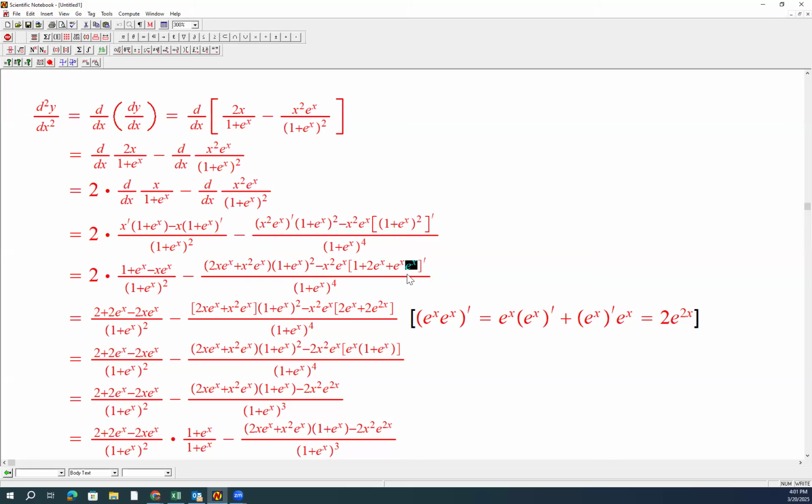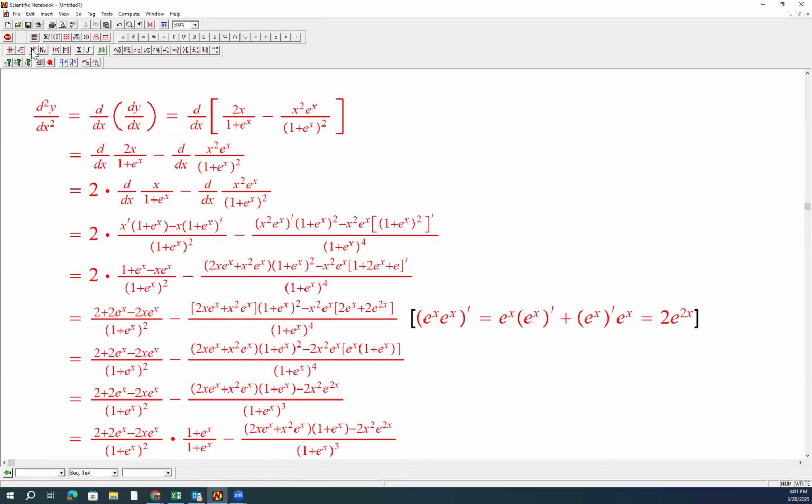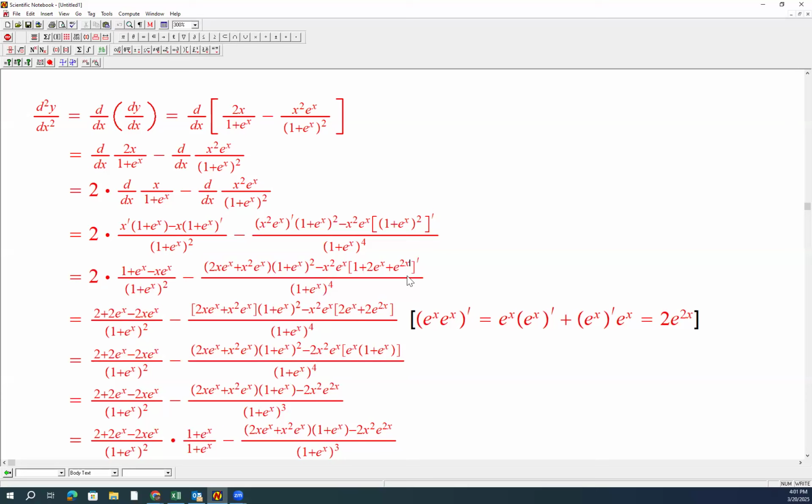Okay, there's a couple forms I'm going to show you. You can write it this way. You can also write it this way. And then 2 times x, and that's going to give us e to the power of 2x.